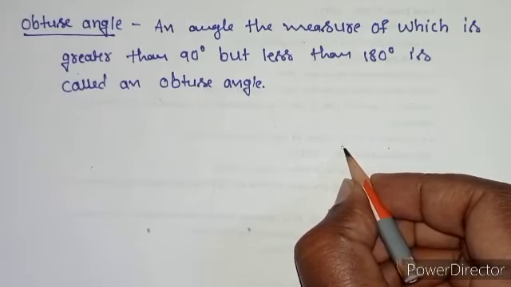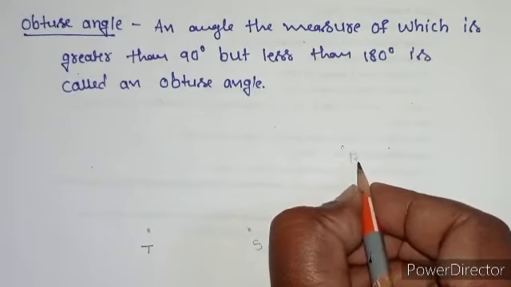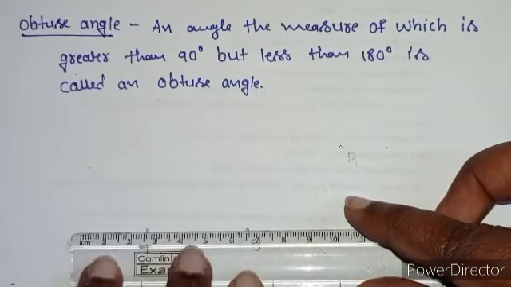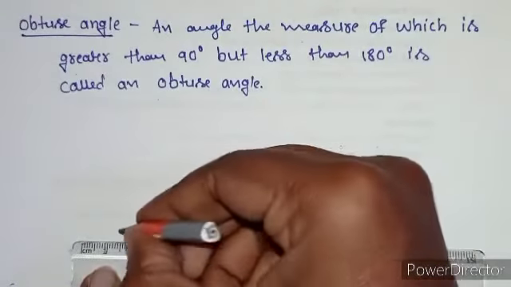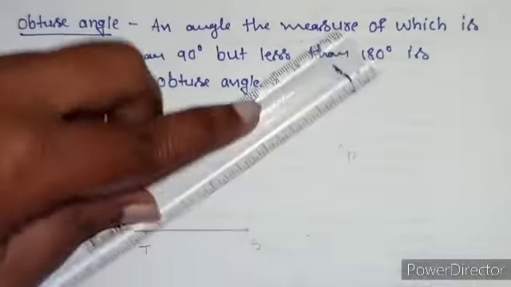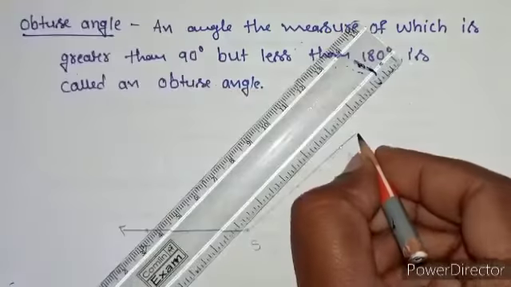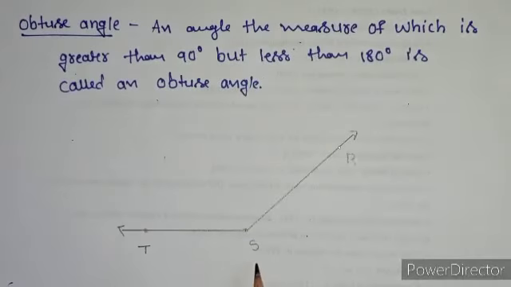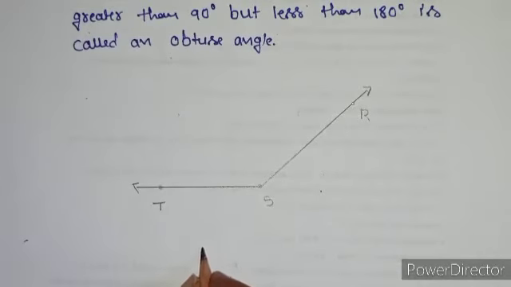Now I am going to give names to these points: T, S and R. I am going to join these points with extended arrows. Now here S is the common end point or vertex point.